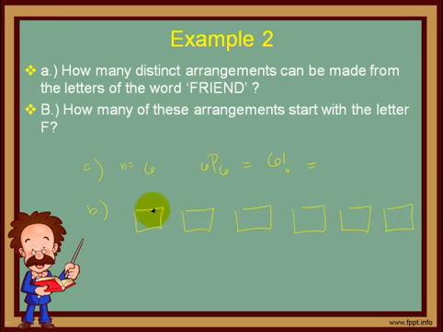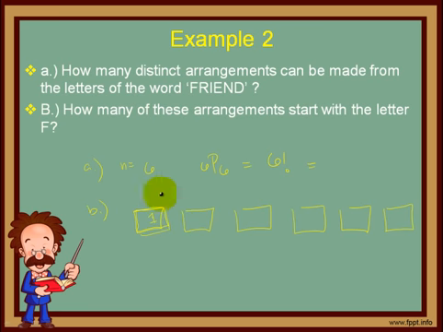Sa first box, pila ang possibility nga F siya sa first letter? Sa first box, unsa ra ang pwede ibutang? Pila ka buok? F lang daw ang naa. Ibutang daan ni kay starts with letter F man. So 1 lang ang F.